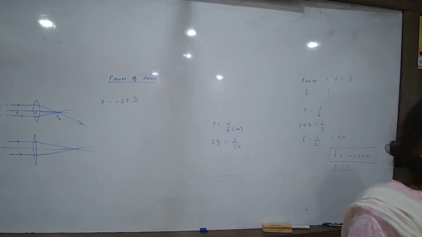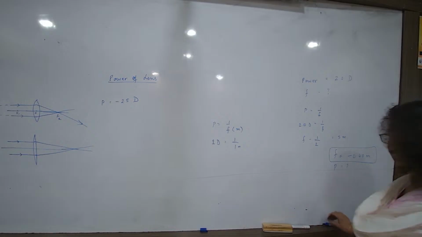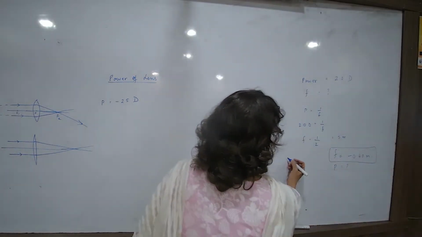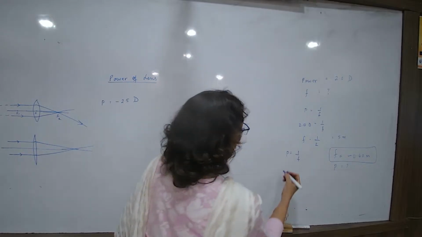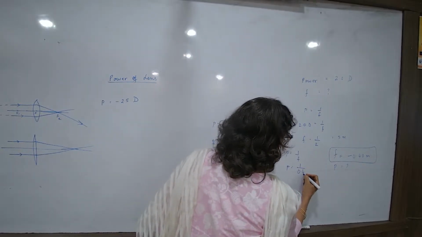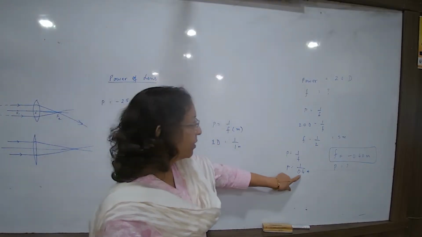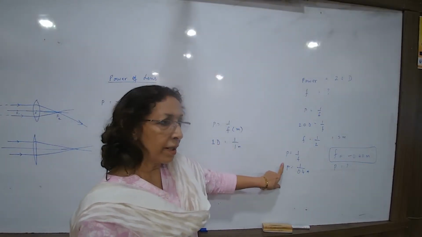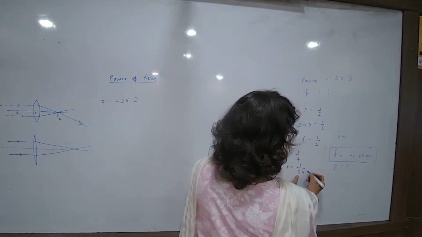Correct, it is 2.5. How is it from 0.40? See, power is equal to 1 upon F. So P is equal to 1 upon 0.4, and this is in meters. How will you shift this? Multiply numerator and denominator by 10.